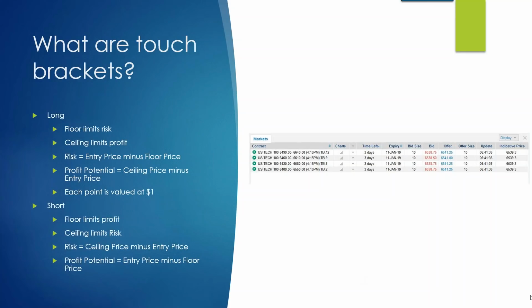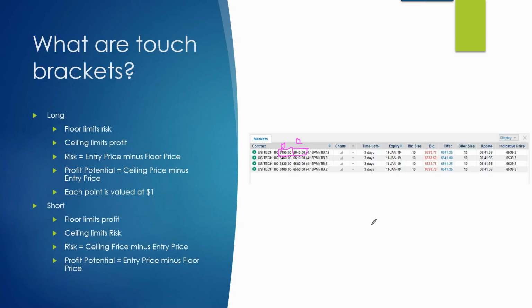Now, let's say that you're going long, okay? Then the floor is going to limit your risk. Remember what I just said. The floor is always the first number, on the left-hand side. The ceiling is the second number, on the right-hand side. So this is the floor, and this is the ceiling, okay?